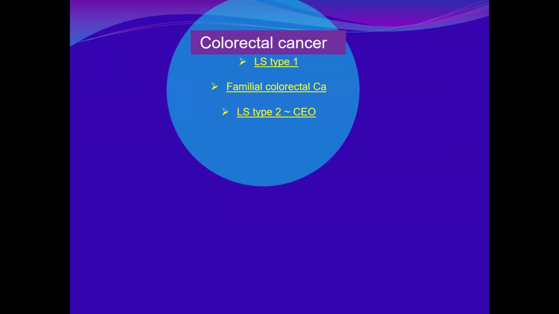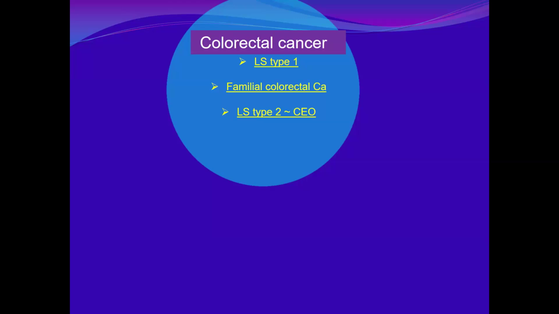Type 1, or HNPCC1, which is also called familial colorectal cancer, in which colorectal cancer is predominantly the only cancer occurring in the family.